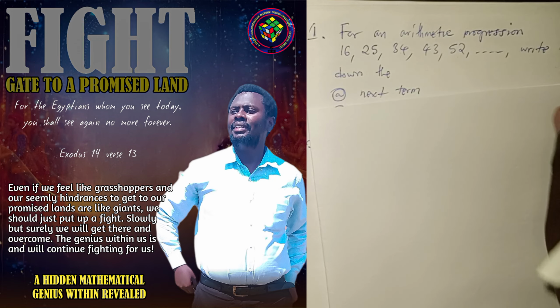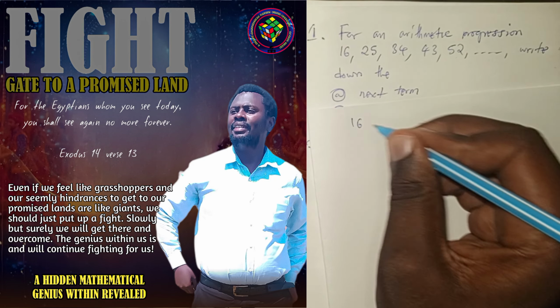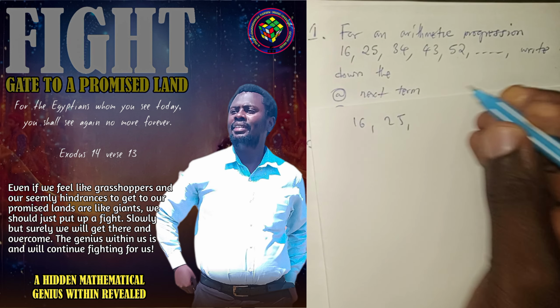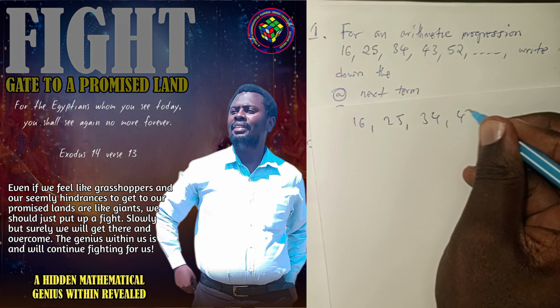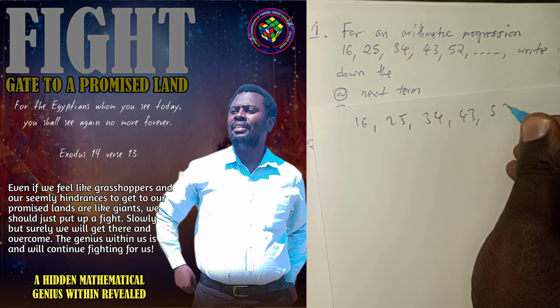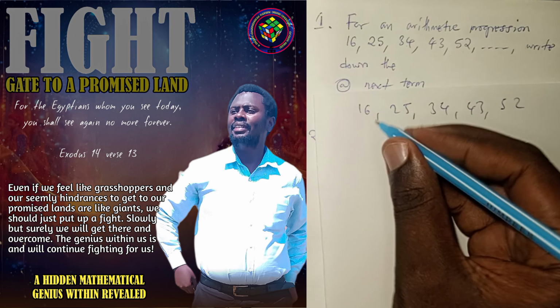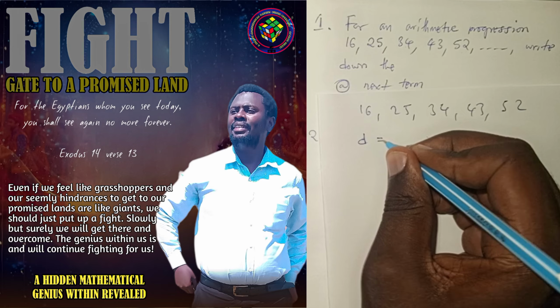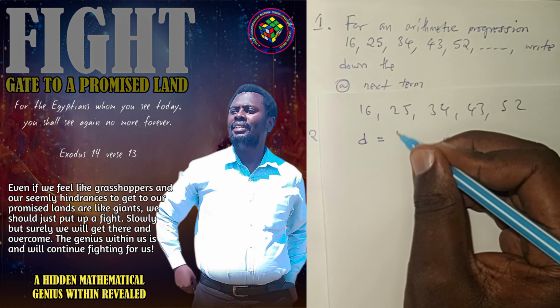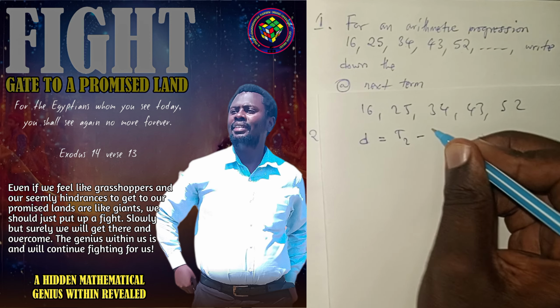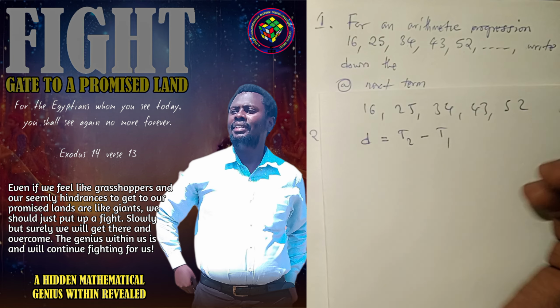Find the common difference. Here we have 16, 25, 34, 43 and 52. The common difference D is equal to second term minus first term.